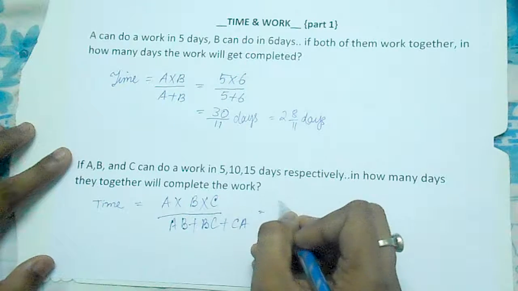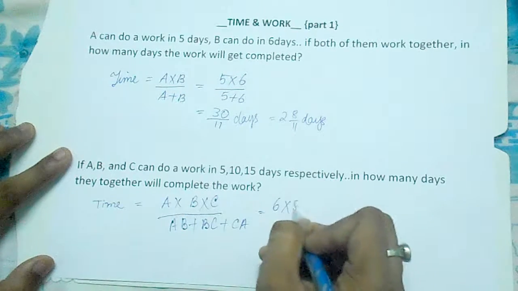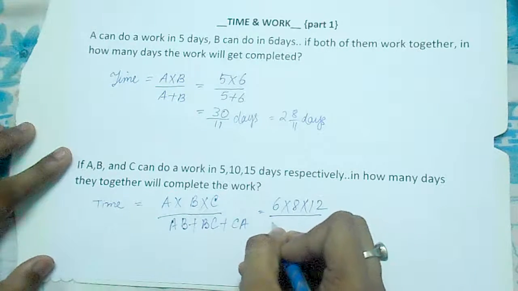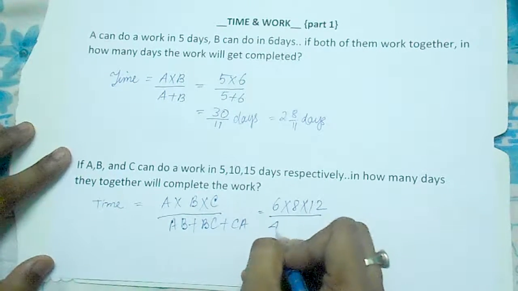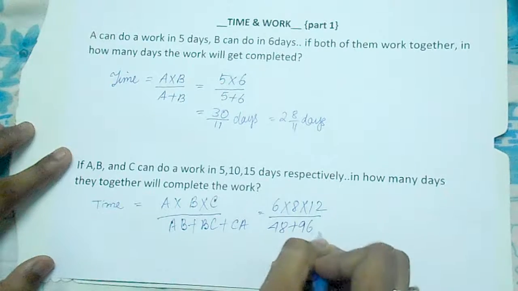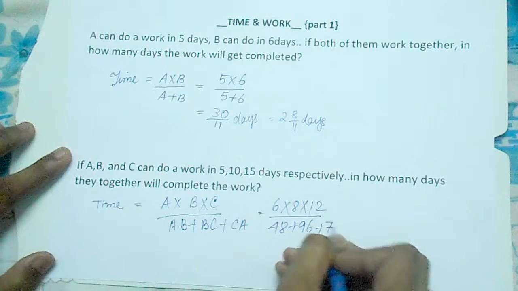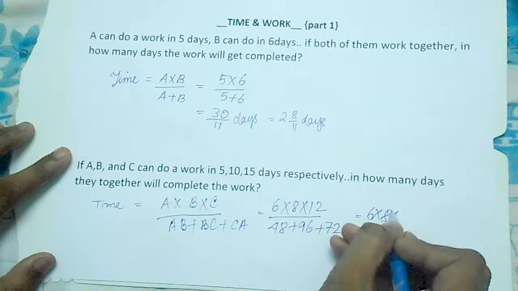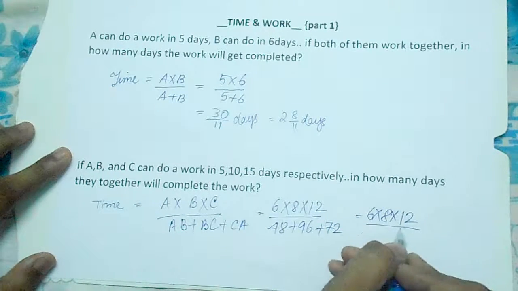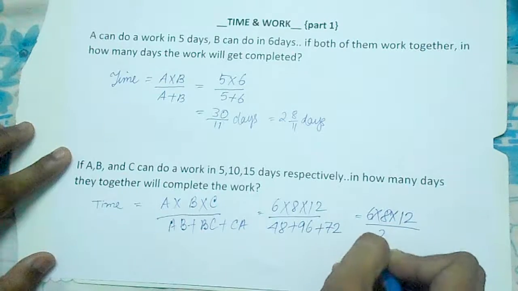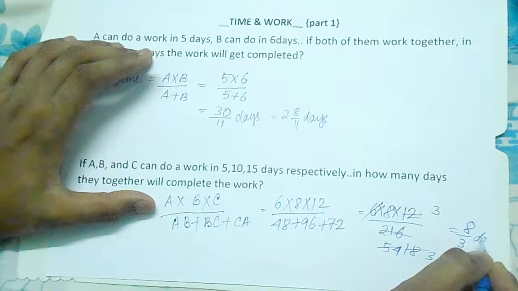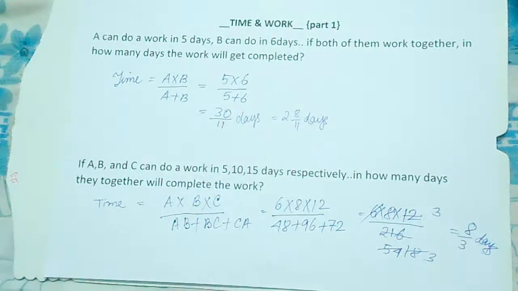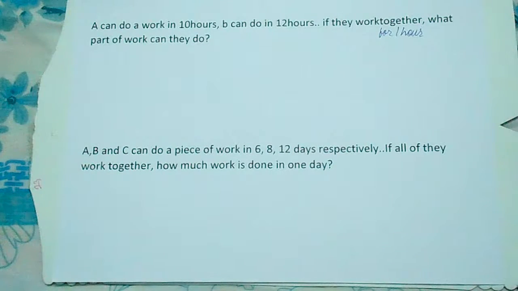So it's basically 5 into 10 into 15 divided by 50 plus 150 plus 75. Isn't it easy, guys?